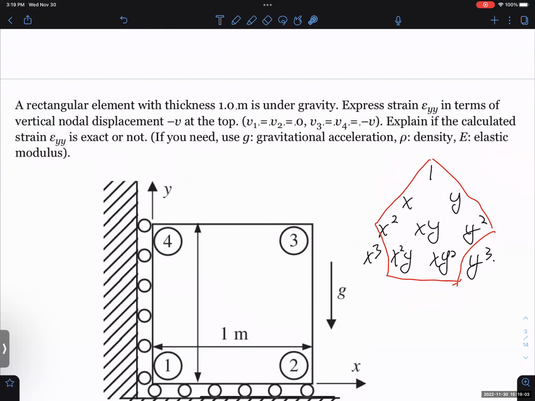So remember I asked about it in exam 2. There was one problem, a beam problem, and I think it has a distributed force, and I asked the student to explain why. Some students explained very well. It's like comparing the polynomial of the displacement based on your understanding of mechanics of materials and the polynomial of our FEA when we do the interpolation, and then we get a conclusion about whether it's accurate or not.